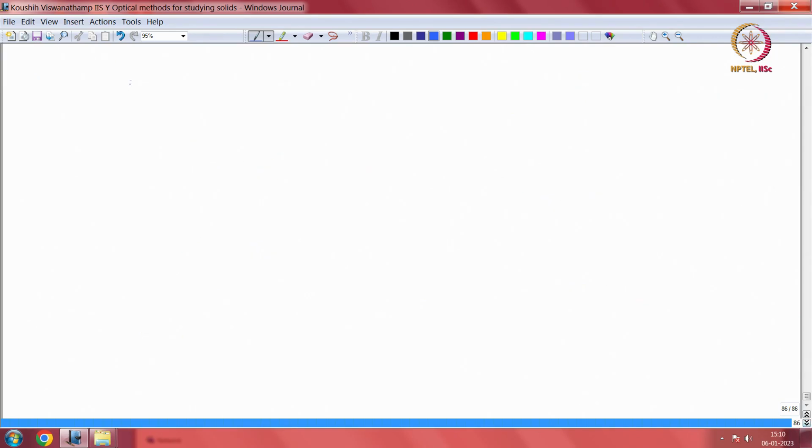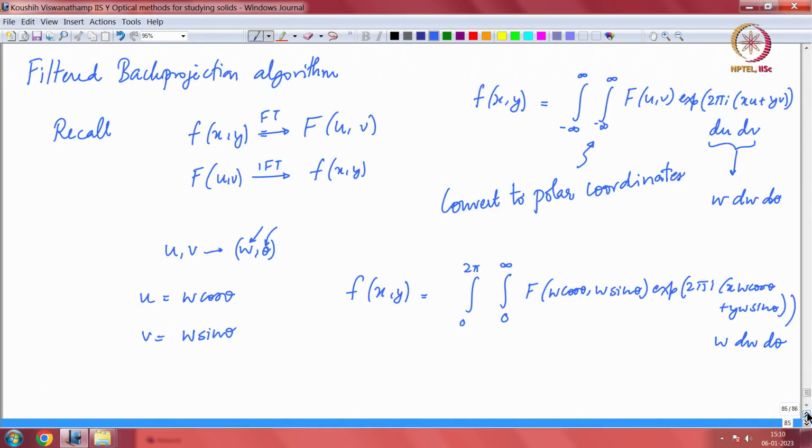Let me just use this instead of rewriting it again. Let me split this into two parts, right. So, I have 0 to pi, 0 to infinity of this entire thing, with the w inside, dw d theta, plus the integral pi to 2 pi, integral 0 to infinity of this entire thing again, dw d theta, okay.